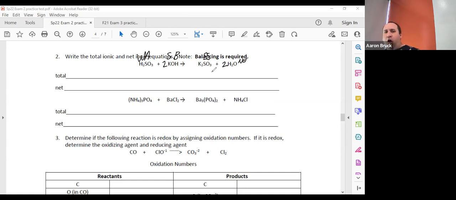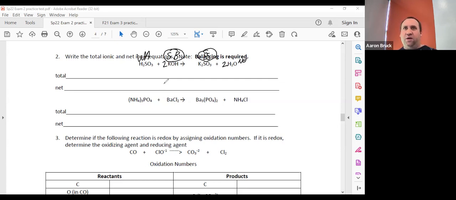Now that we've got all 4 of the compounds classified, now we go through the process of breaking them apart if they get broken apart. And remember, it's only the strong acids, strong bases, and soluble salts. So if the marking begins with an S, then we know to break it apart.